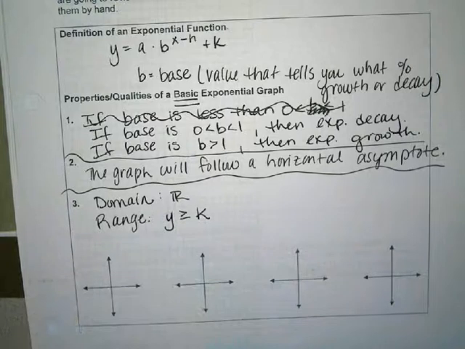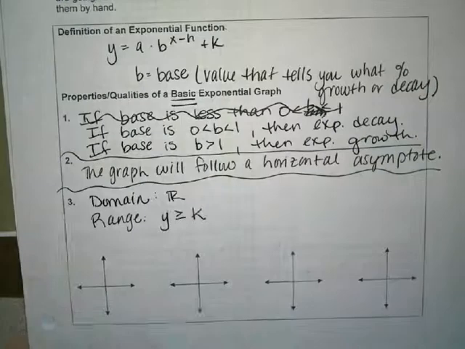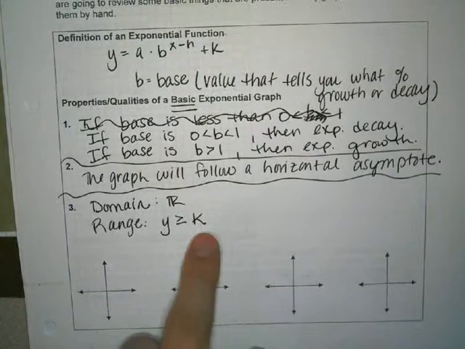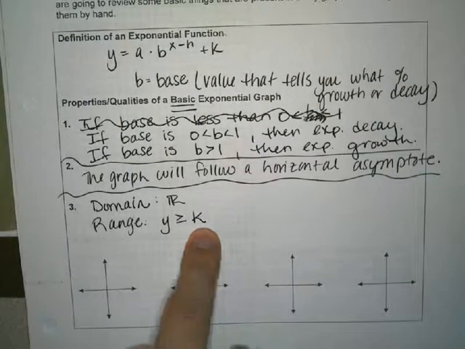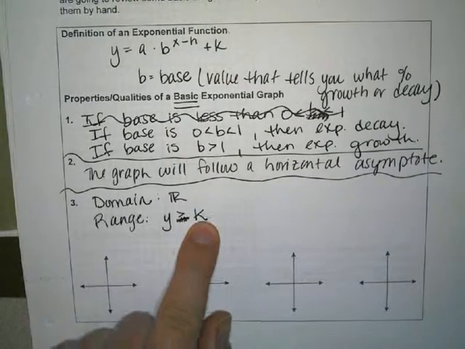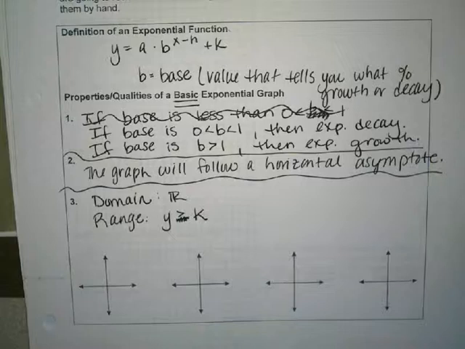So you can be greater than or equal to whatever the k value is. If you don't shift up or down, then it's just the x-axis. And I'm sorry, it should not be equal to. Because that k value is going to be where the asymptote is, and you can't actually touch the asymptote. So it's just going to be y value is greater than k.